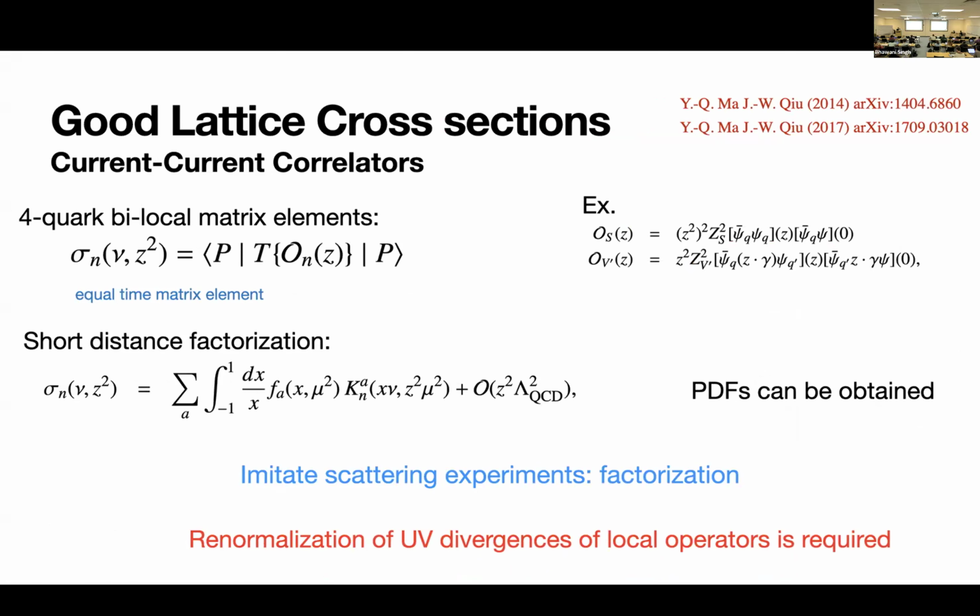Now, this idea has various twists and turns. One, I just want to flash this. I don't have time to spend more. There are additional, similar ways of doing the same thing that various people came up with. Sang-Wei Chu, who is a theory group director, had this proposal of the so-called good lattice cross-sections.